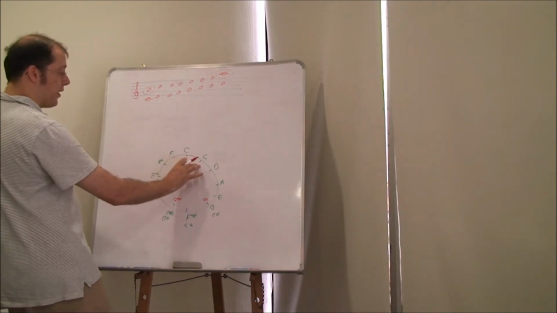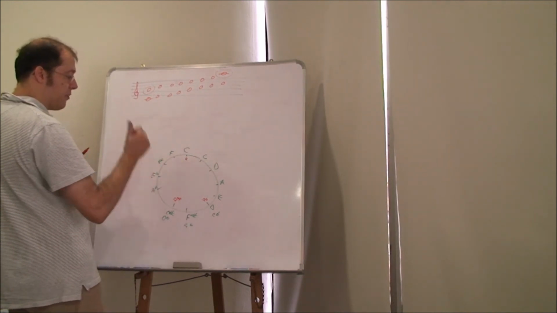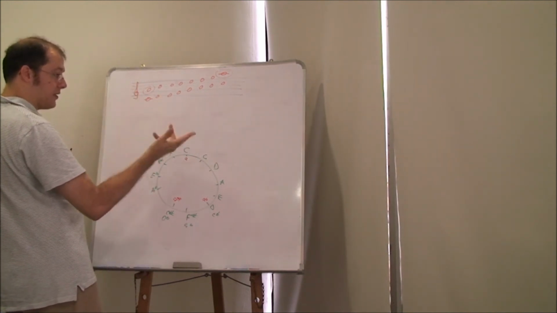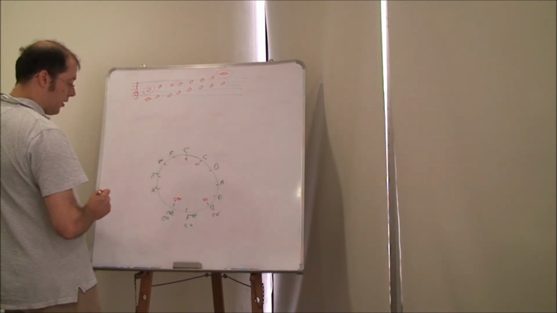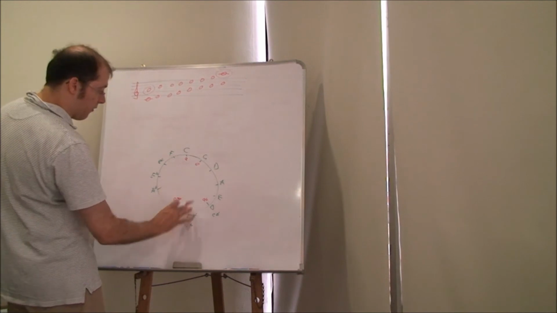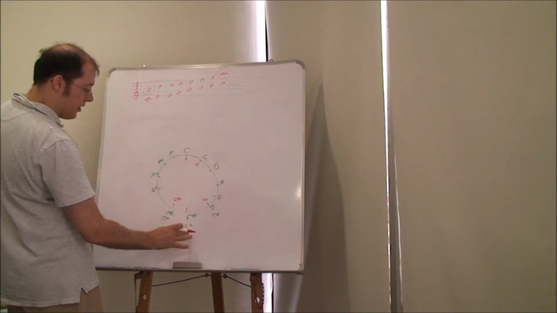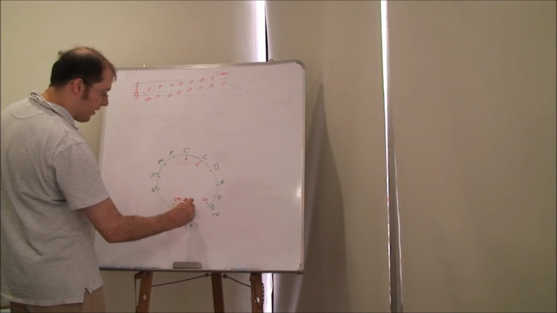So if you move up, the sixth mode of G major will be G, A, B, C, D, E. So E minor. And we can do the same thing for G flat major, it will be E flat minor.